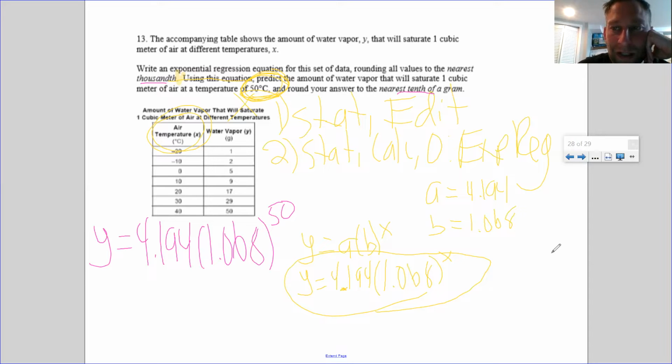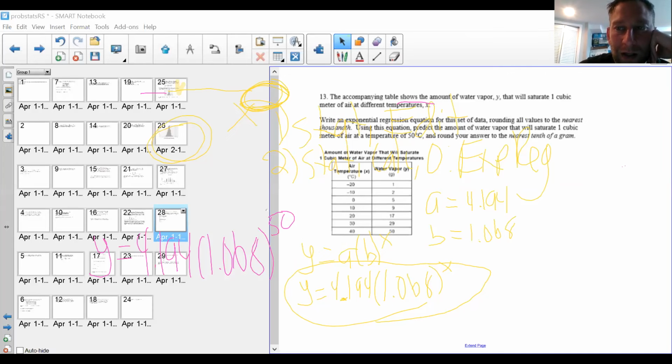So let's pull up my calculator again. 4.194 times 1.068 to the power of 50. To the nearest tenth is 112.5.